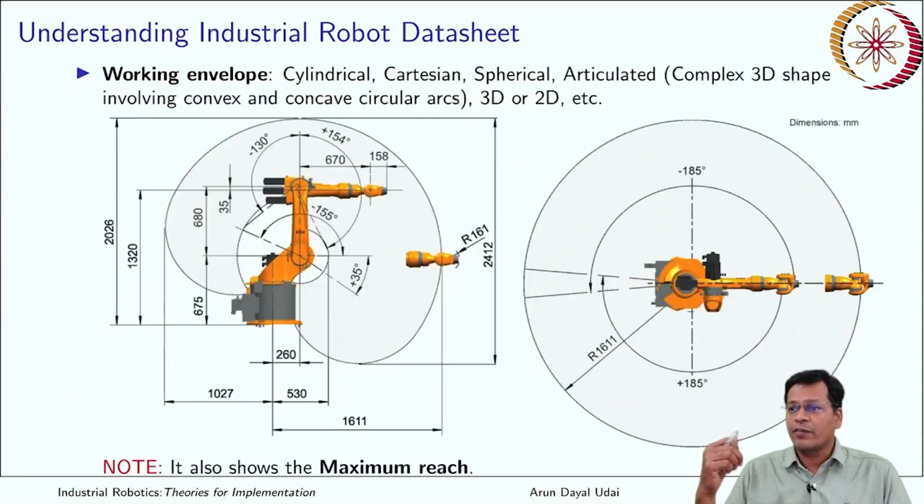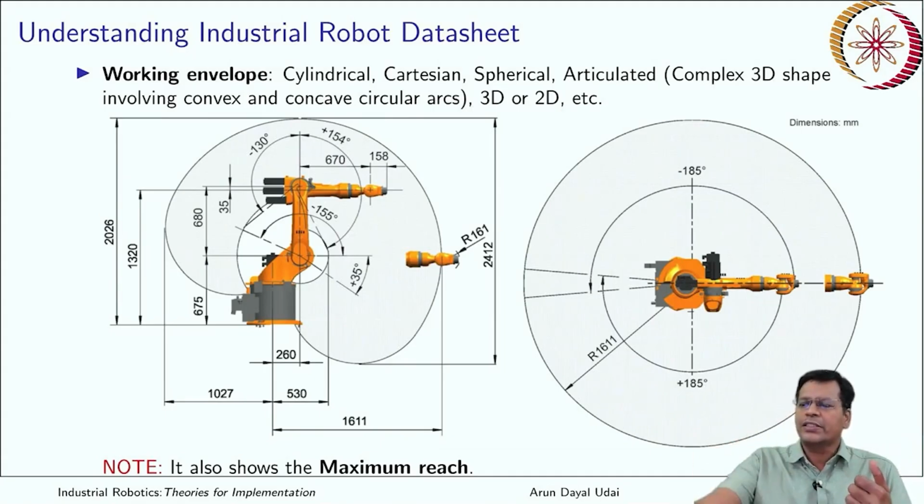And this is the working envelope. For an articulated arm, it looks like this. The working envelope is all the poses, all the locations where your robot can go in all possible orientations. If you can go to any XYZ, you can orient any way you want.